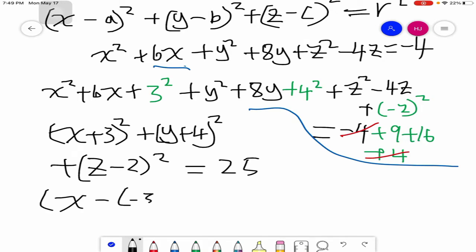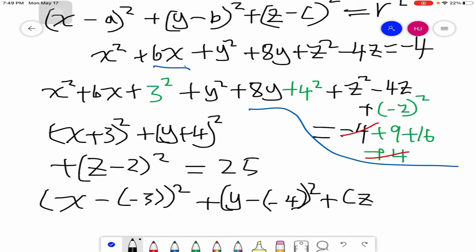So from here, I can make this more clear. I'll rewrite it as x minus -3 squared, plus y minus -4 squared, plus z minus 2 squared, equal to 5 squared.